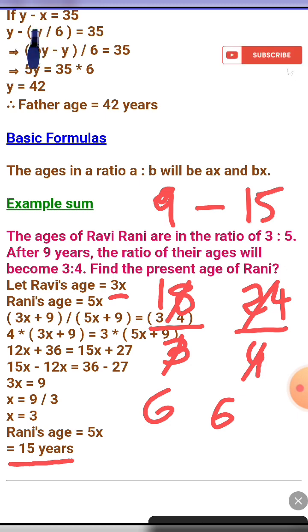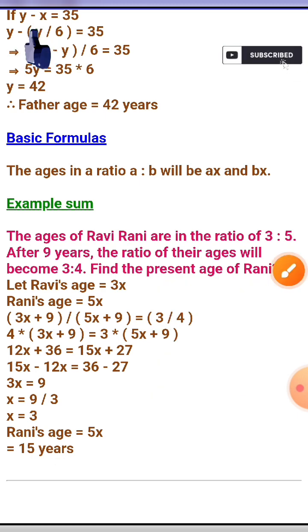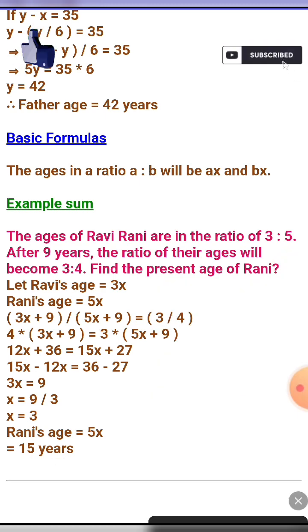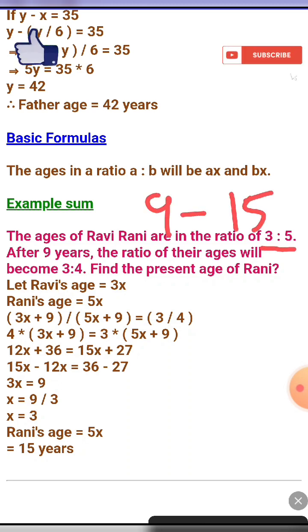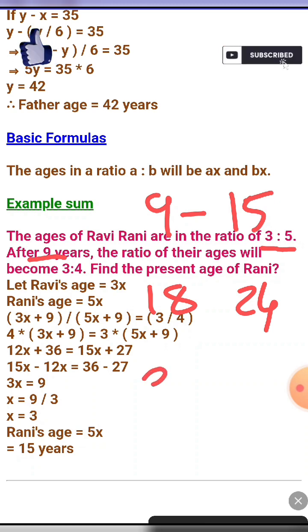It means our ratio is the same, like the 3:5 ratio. 9 years and 15 years is correct, and after 9 years it will be 18 and 24, and the ratio becomes 3:4. We can say our calculation is correct.